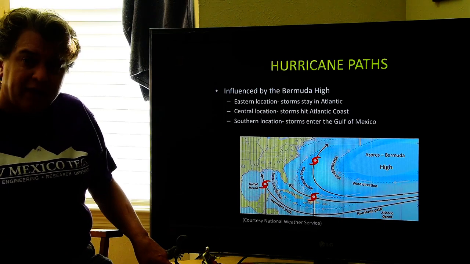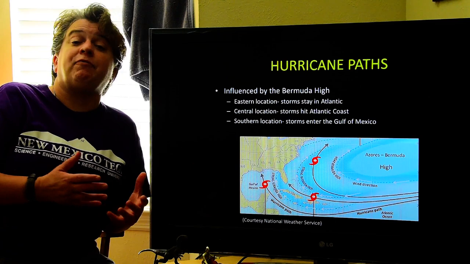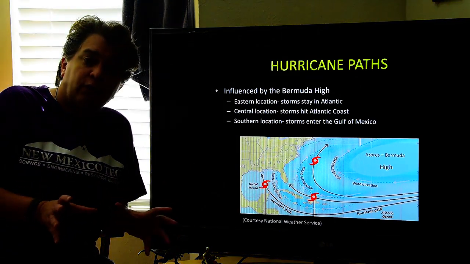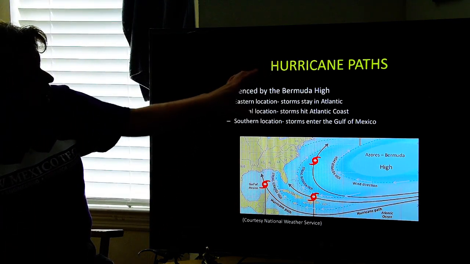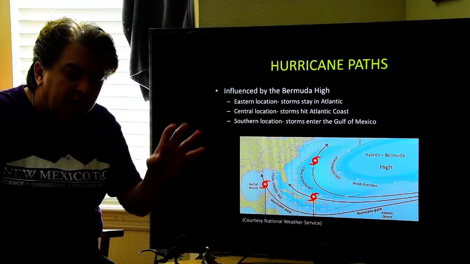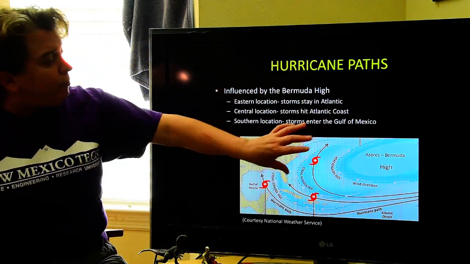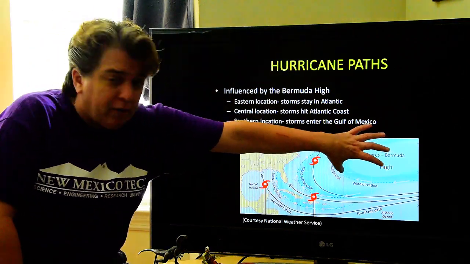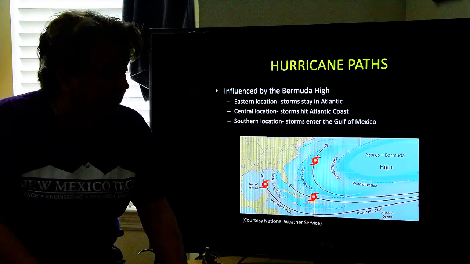Now, the pathway that hurricanes follow can be very difficult to forecast, but there are things that go into controlling and steering where our hurricanes go. A big influence on controlling where they're going to go is the Bermuda High. The Bermuda High is this area of high pressure that sits out here, kind of over Bermuda, but it does move around a little bit.